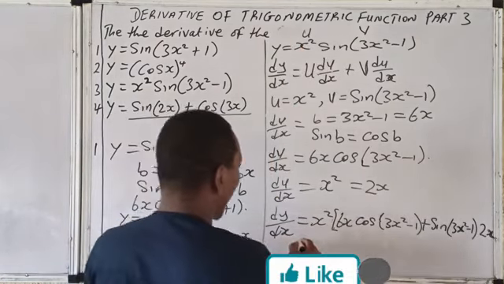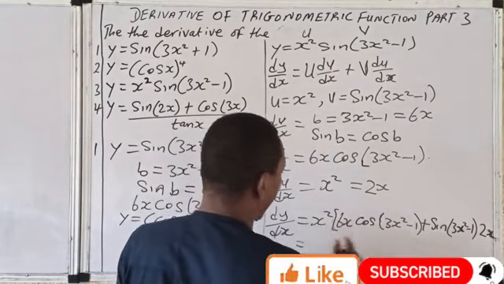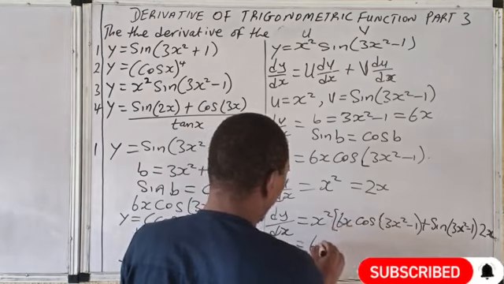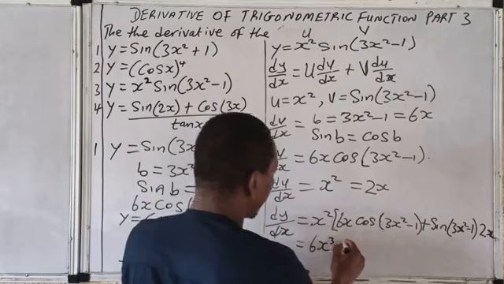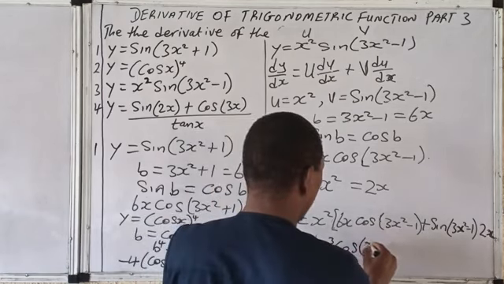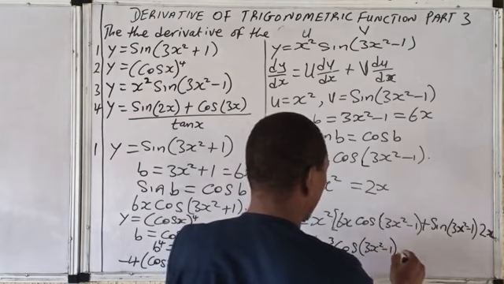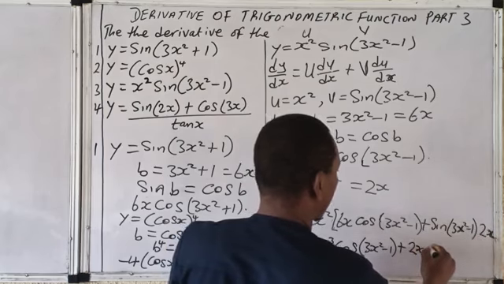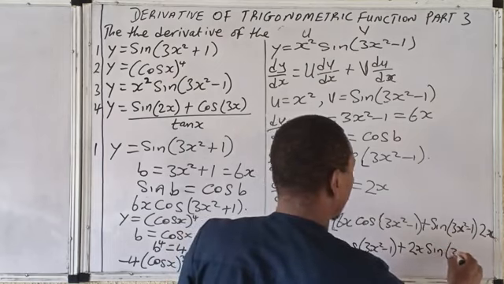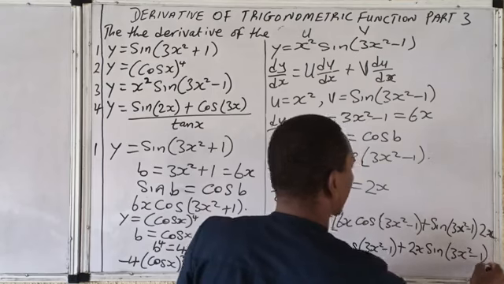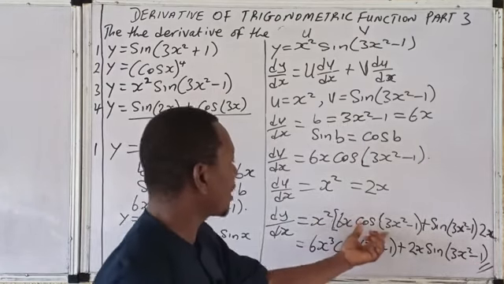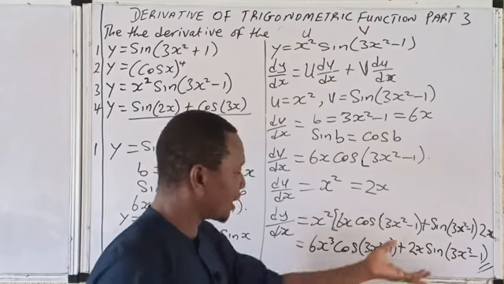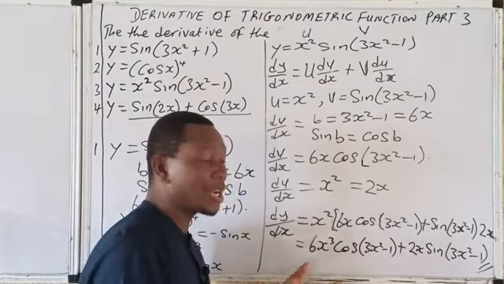If I use x to multiply here, we'll have 6x to the power 3 cos bracket 3x squared minus 1 plus, now you can take this backward, this one will multiply with, you now have 2x sine bracket 3x squared minus 1. So instead of representing your answer this way, you can represent it this way, or I can even decide to bring some things out in bracket. In any way that is presented, your answer is correct.